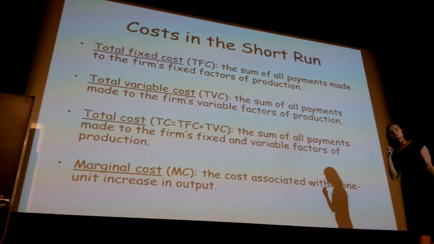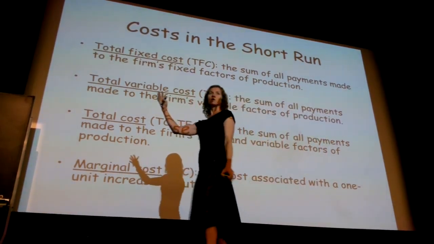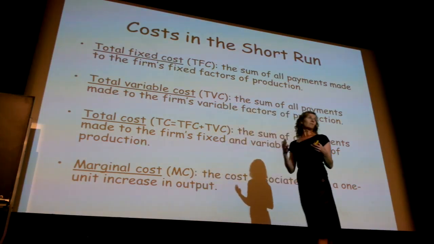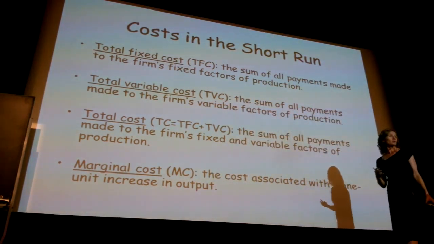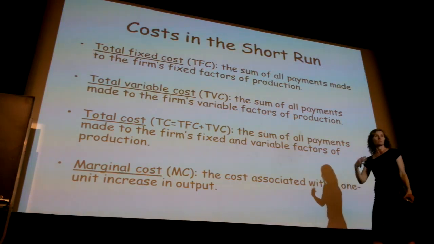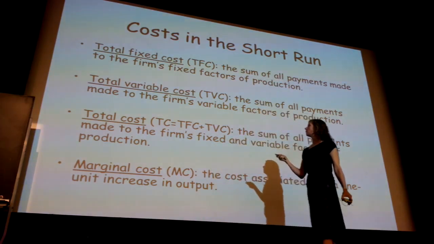Even if she produces no bread, she has to pay her monthly rent. If she produces 1,000 loaves of bread every month, she still has to pay that same monthly lease. That is a fixed cost in the sense that it's a fixed factor of production, and the total fixed cost is supposed to be the sum of all of those payments made to the fixed factors of production. These are things that you're going to have to pay for no matter what you actually produce.